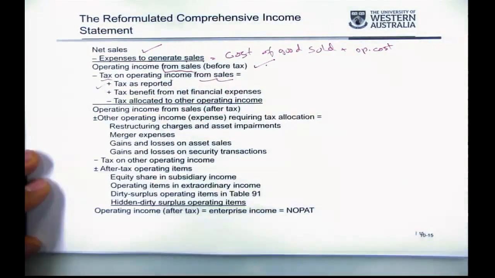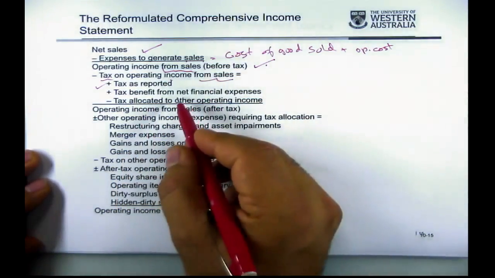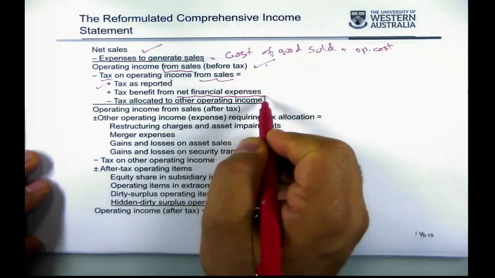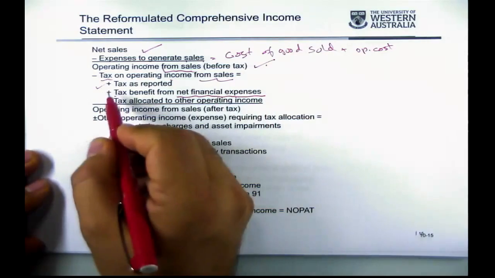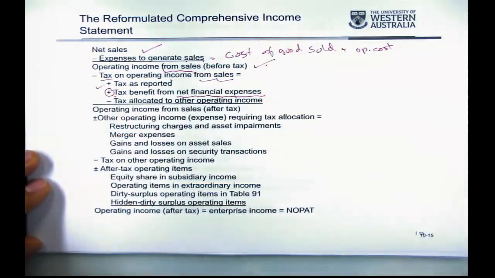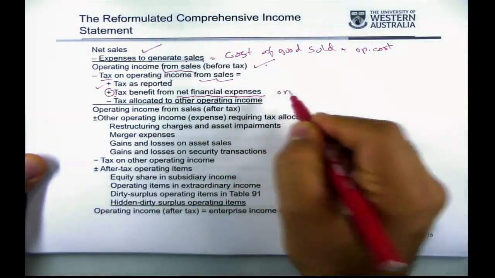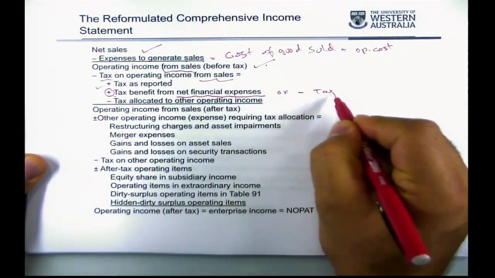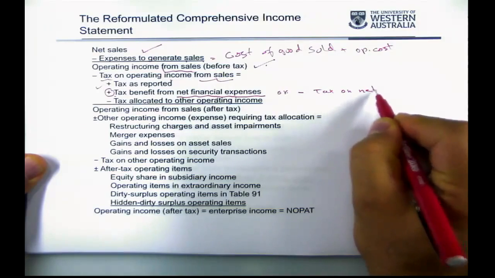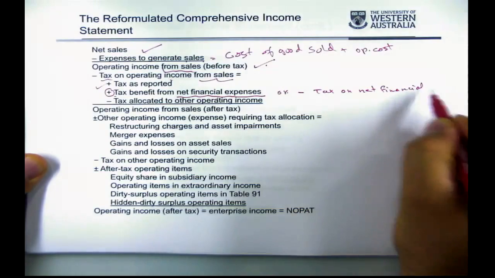We take the reported tax. If there was net financial expense, we calculate the tax benefit on the net financial expense and we add it to the tax reported. But if there was net financial income, we subtract the tax on net financial income.